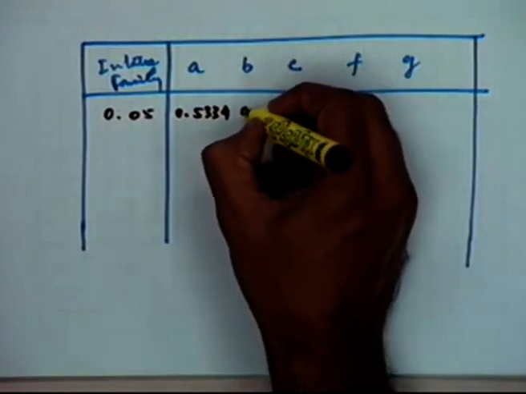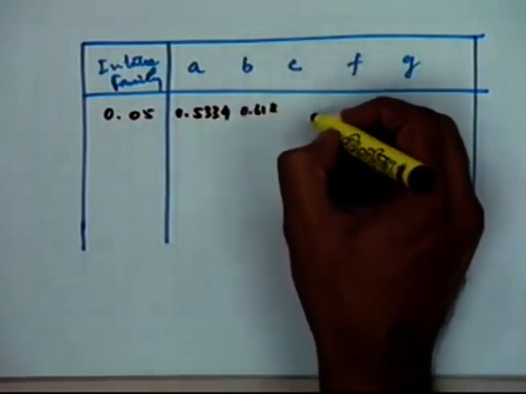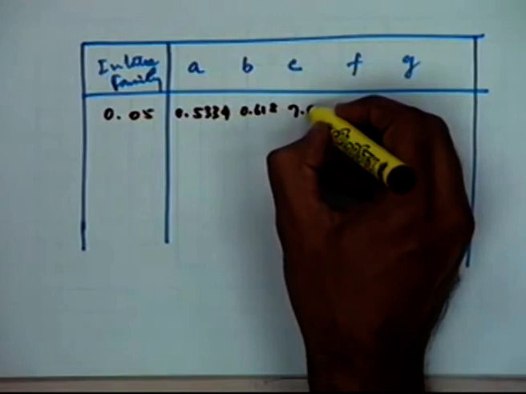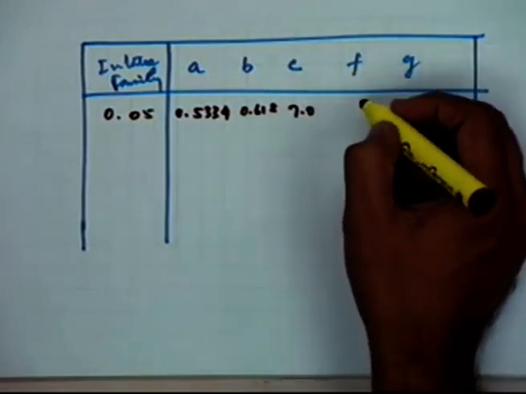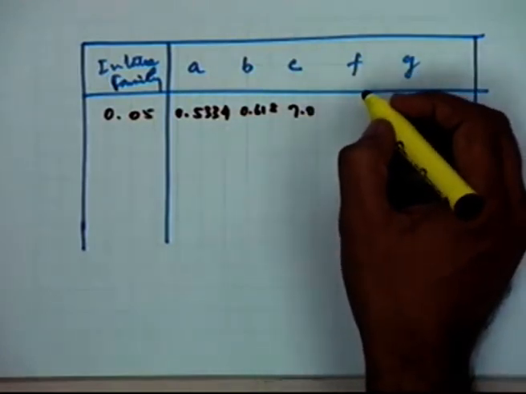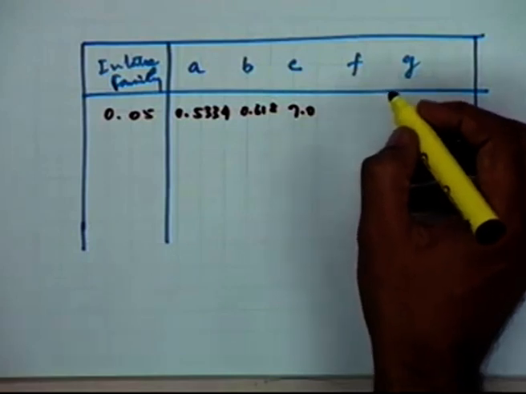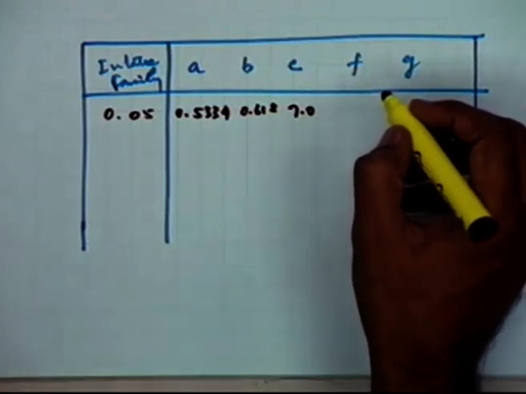The value of B is 0.618, C is taken to be constant. C is basically introduced to change the shape of the curve.